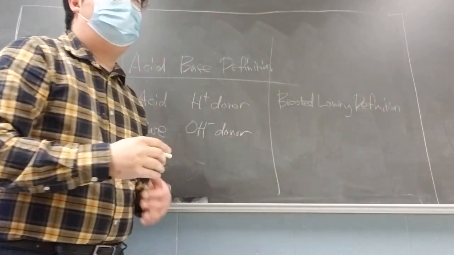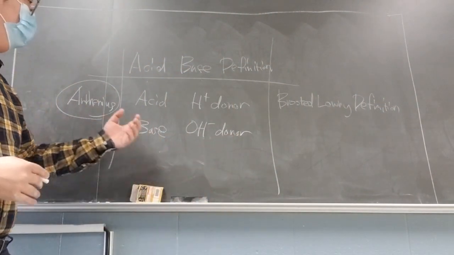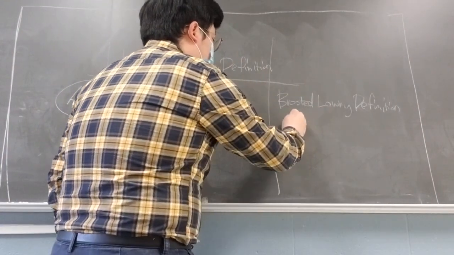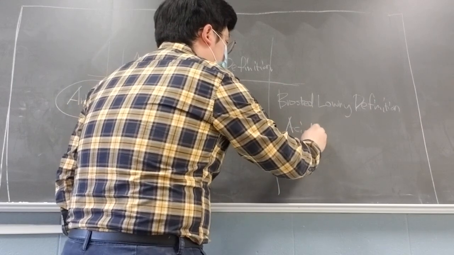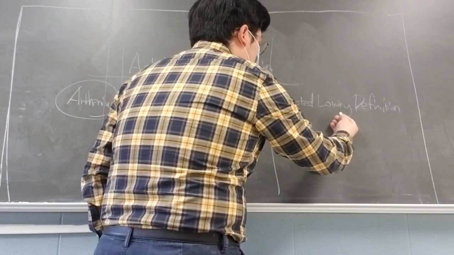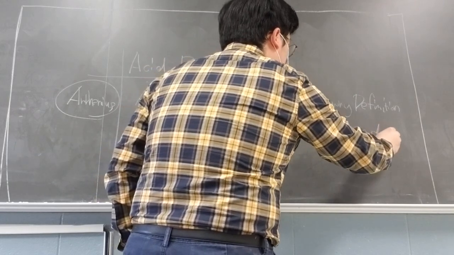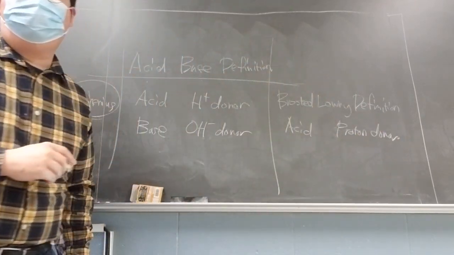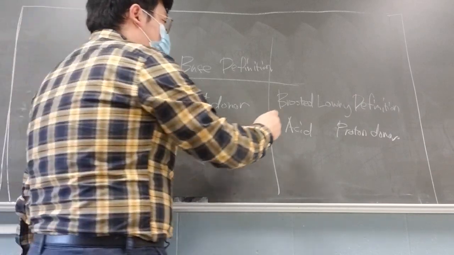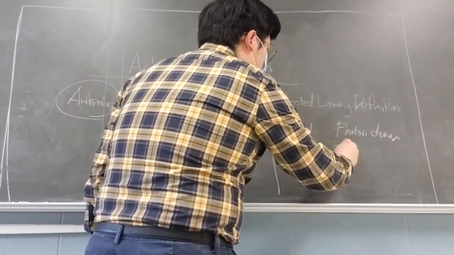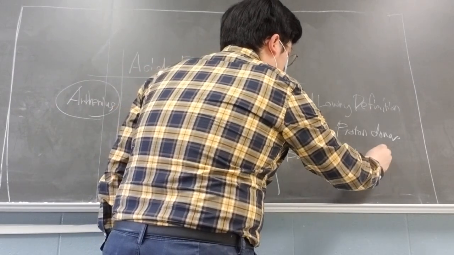So we can cover all the other exceptional cases where we cannot use the Arrhenius definition anymore. And in here, the acid is the one that donates the proton. So a proton donor is your Bronsted-Lowry acid. Okay, and in the Bronsted-Lowry definition, the base is a proton acceptor.